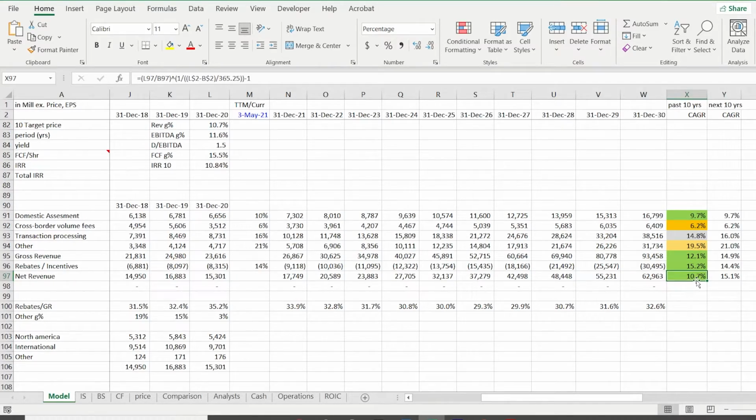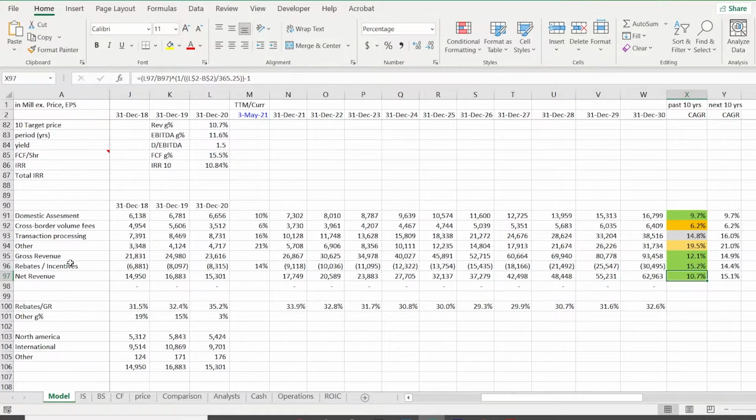Of course, that 10% could be a little bit higher if we measured it up to before COVID, because last year the cross-border volume fees were hit very much by the stoppage of flights and tourism. It's going to accelerate, I think, in the next 10 years.